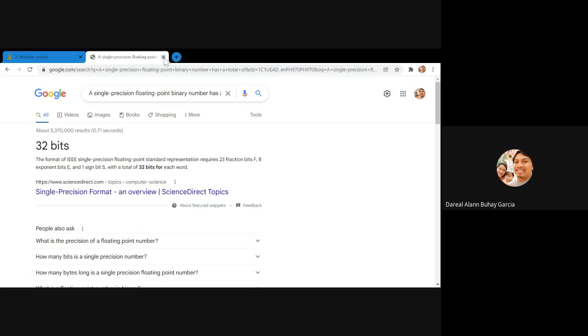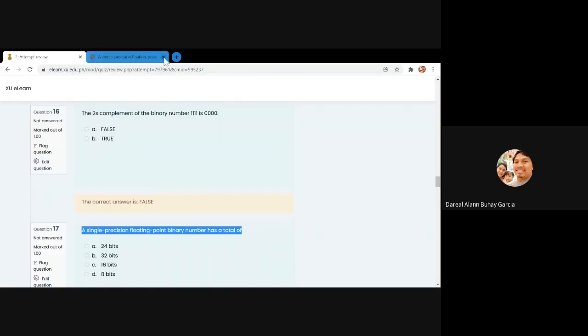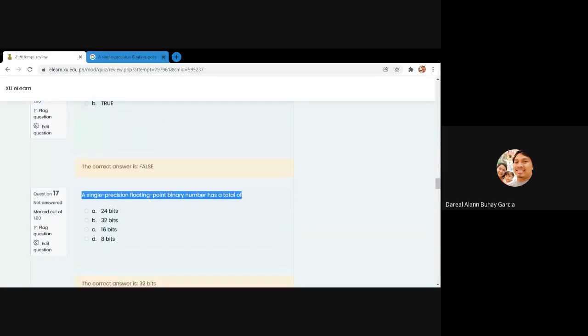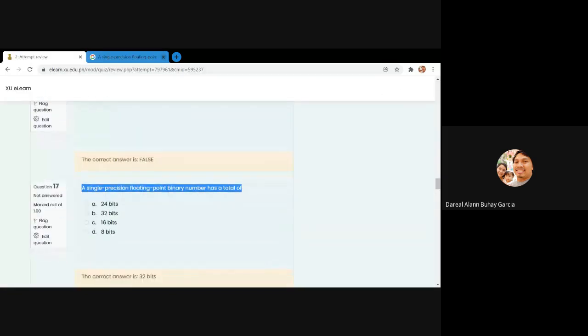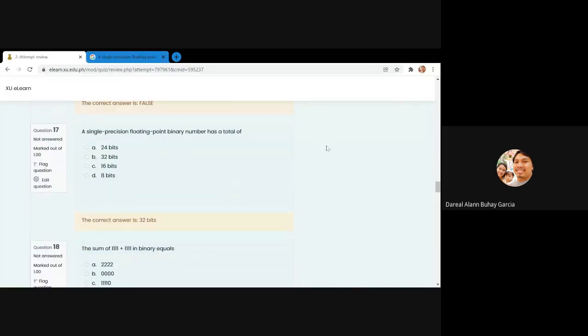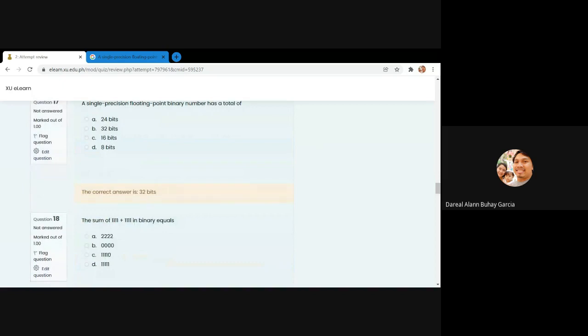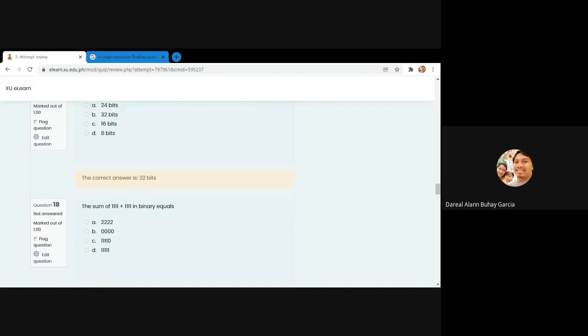So 32 bits, standard. The sum of 1111 and 1111 in binary is 11110. C.